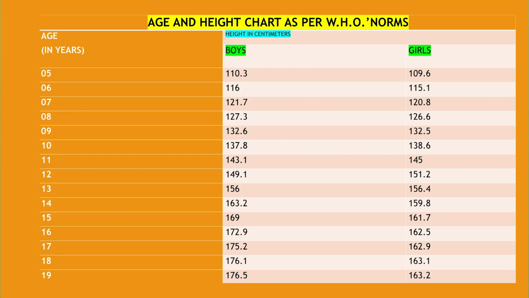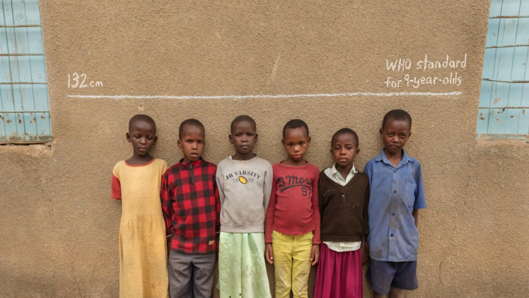That makes sense: when you use this index of height for age under the category of the technique of anthropometry, you should always look at it as per the different sex. That is very important.